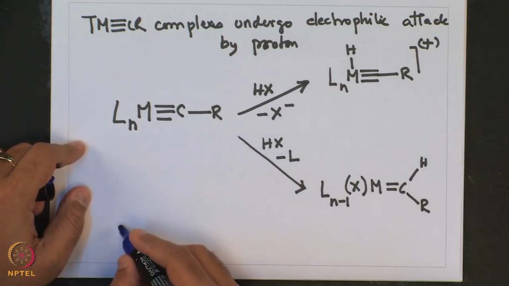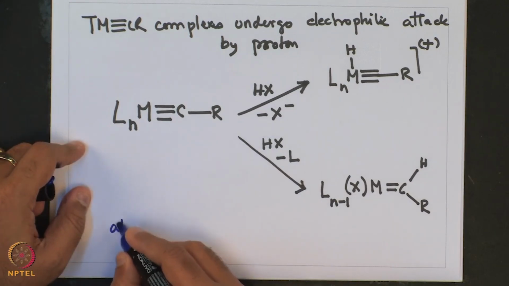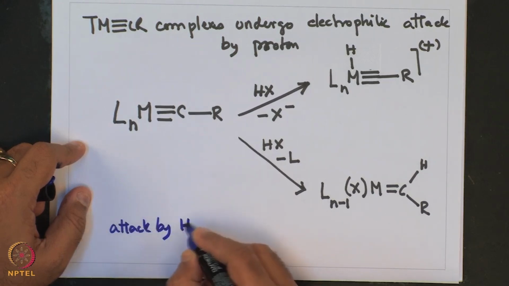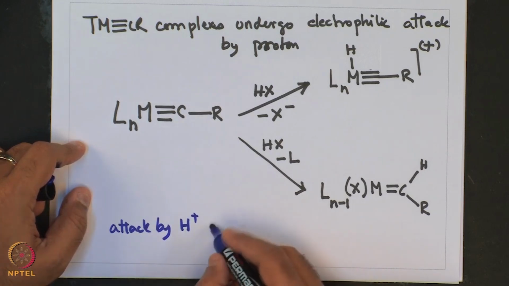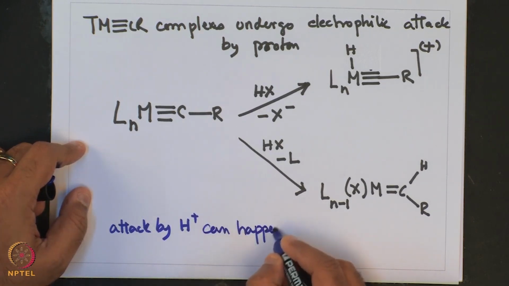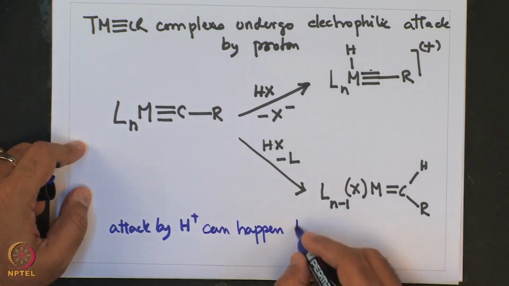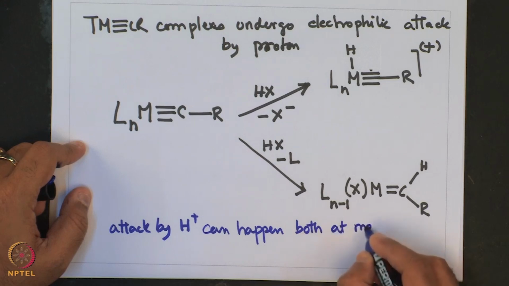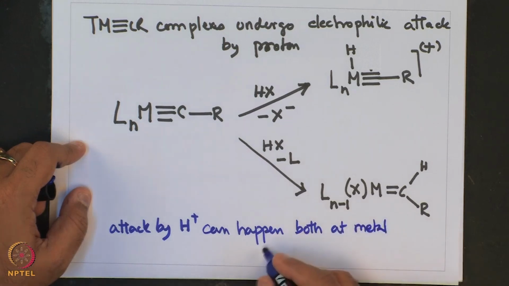attack by proton can happen both at metal and at carbon.